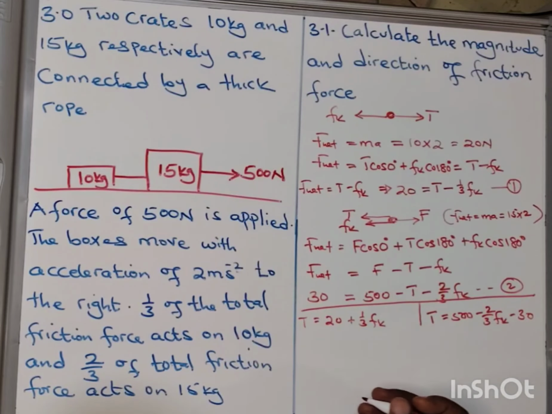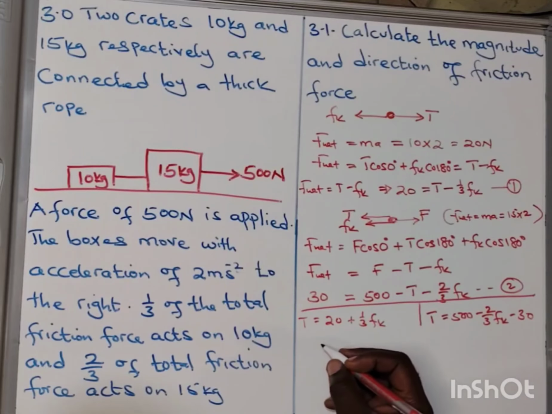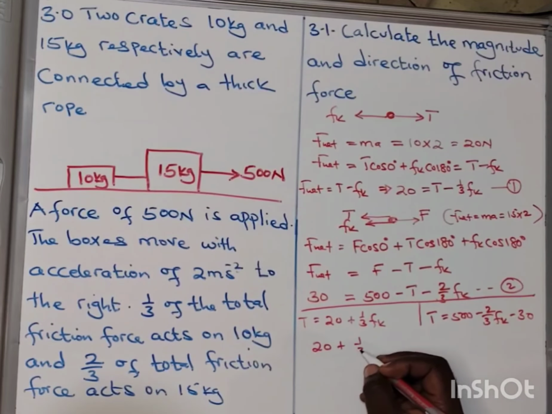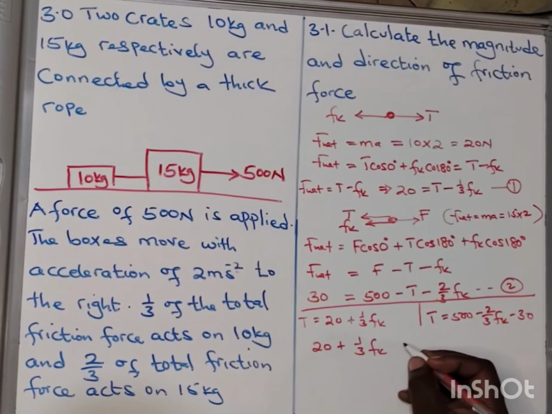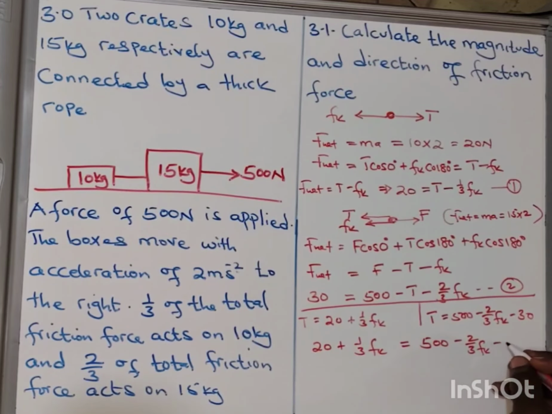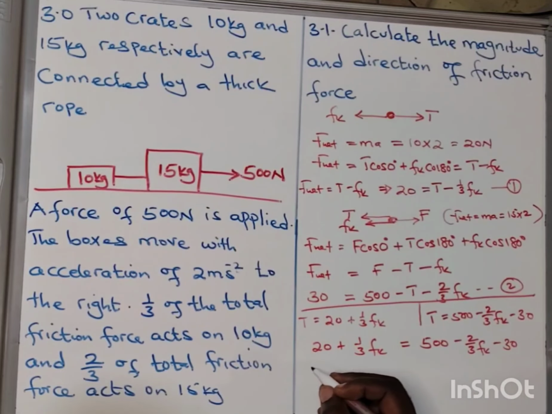So when you equate them, what do we get? We are going to say 20 plus 1/3 Fk, which is equal to 500 minus 2/3 Fk minus 30. And from here, you collect like terms. You put Fk on one side, and what are we going to get here?